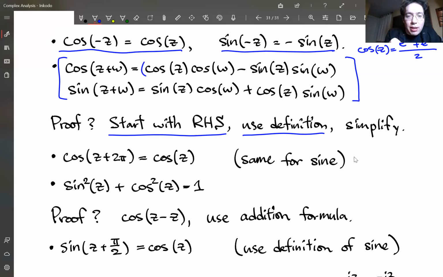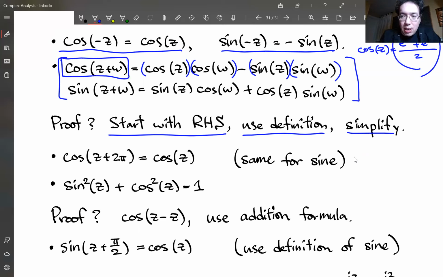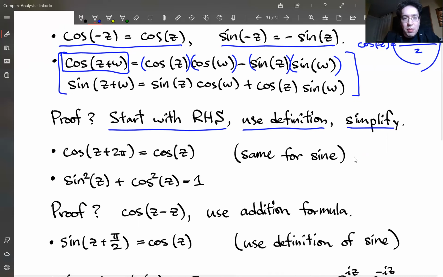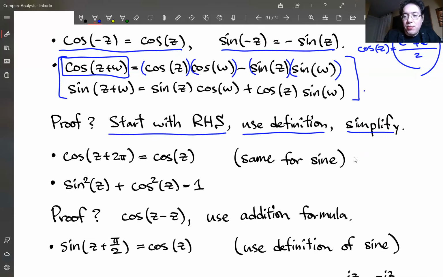Plug that in here and plug in similar expressions for the 3 other trig functions that are listed. Multiply everything out, collect like terms, and simplify. And once everything is said and done, you should get cosine of z plus w, or at least in the definition form. So left and right-hand side are equal, and then we're done. Okay. And that's also true for sine as well.